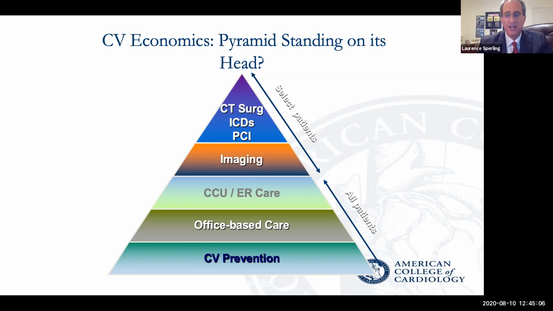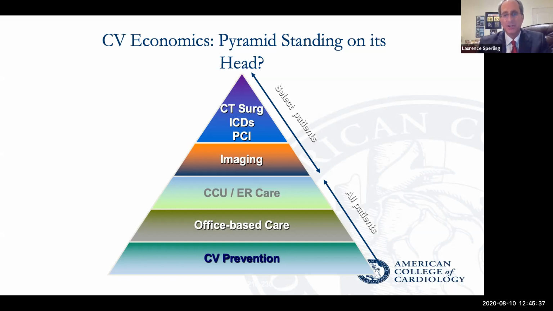So I show you here the pyramid of cardiovascular economics right now in 2020, with prevention at the bottom of that pyramid and high-level procedures at the top of this pyramid. As we move towards the future, what will be the post-COVID future of cardiovascular disease prevention, imagine that this pyramid will start turning, and hopefully it is turning at this moment right now, at this inflection point in the history of prevention.